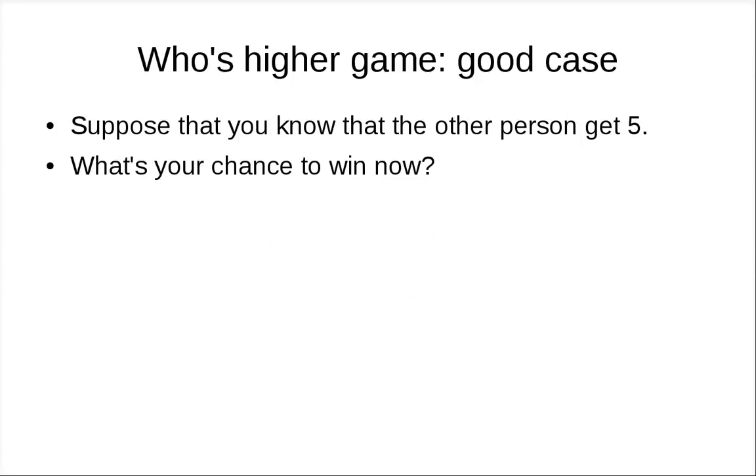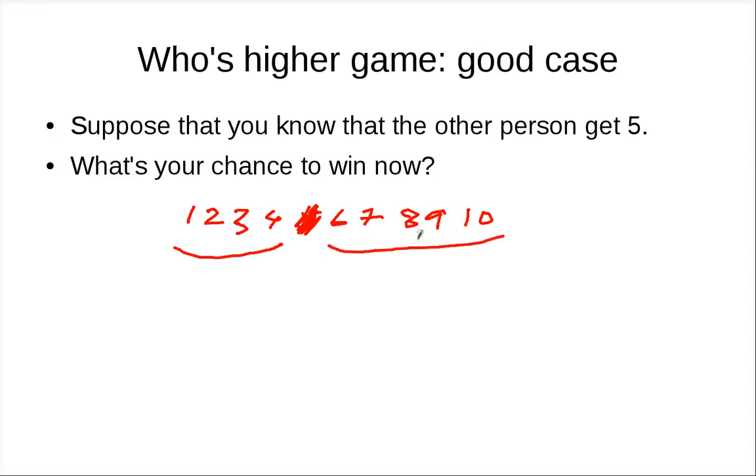Now suppose that you happen to know that the other person got 5. What's your chance to win now? So what are the numbers? Number 1, 2, 3, 4, 5, 6, 7, 8, 9, 10. But you know that the other person already got 5, right? Okay. Now you have 9 choices left. And you see that there are 4 choices that you would lose, and there are 5 choices that you could win.